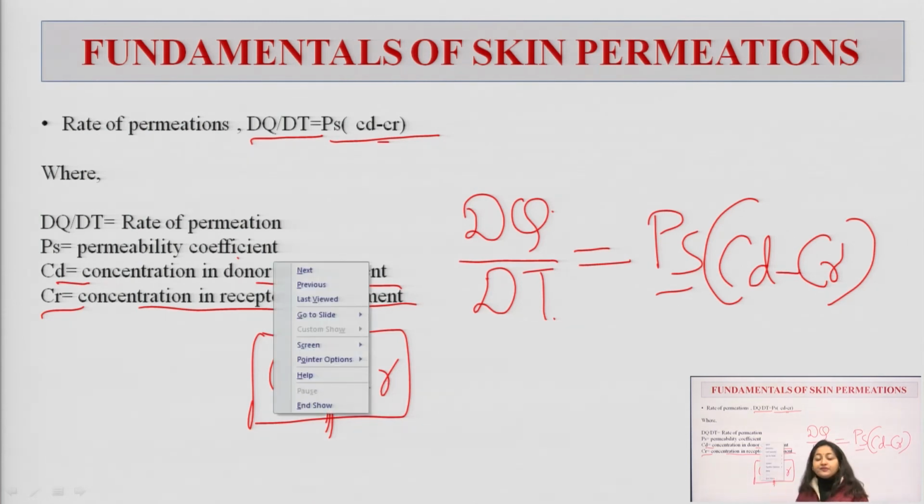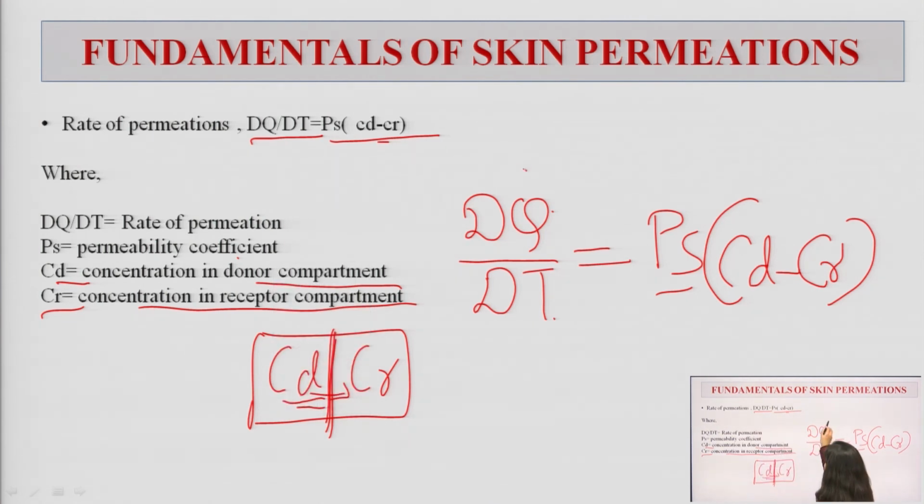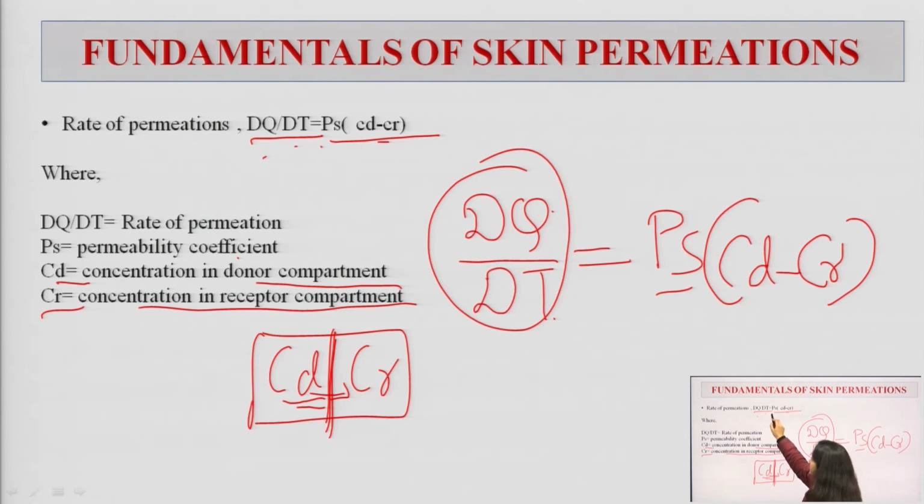At what rate the permeation occurs is decided by the rate, represented by the equation dQ/dt = Ps (Cd - Cr). If the rate is high, it means dermal penetration occurs at a quick pace.